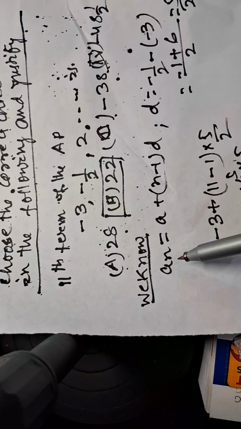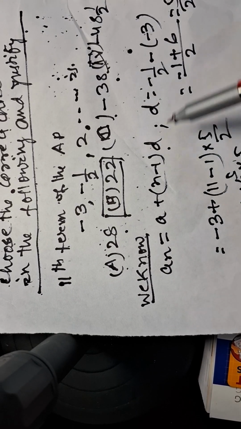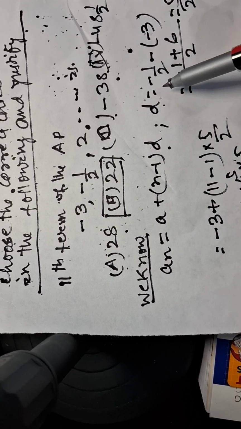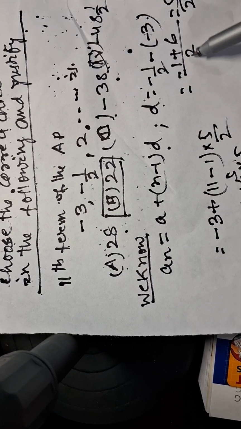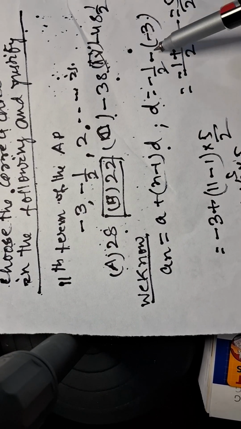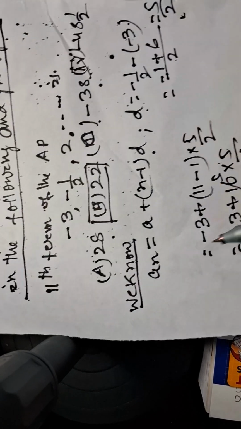We know that an is equal to a plus n minus 1 into d. Here d is equal to how much? Minus 1 by 2 minus minus 3, which is plus 6 by 2, that is 5 by 2.